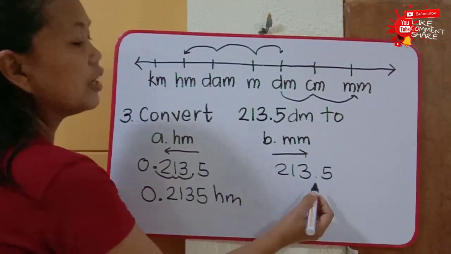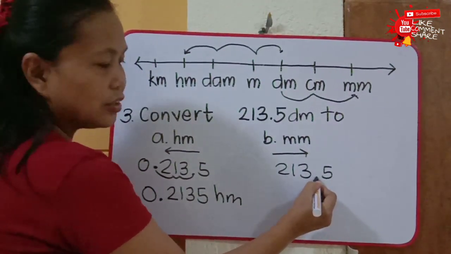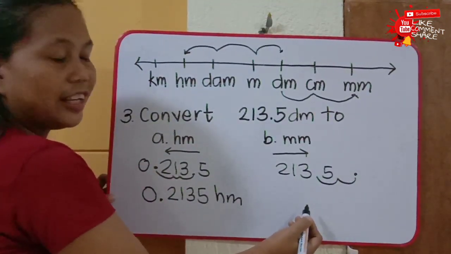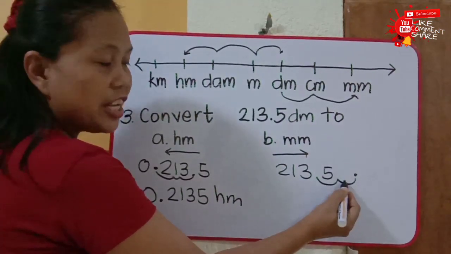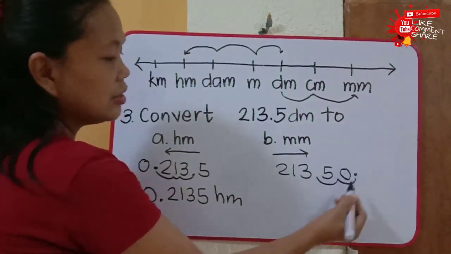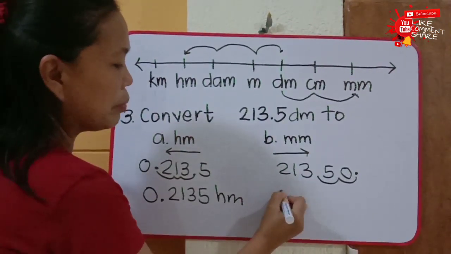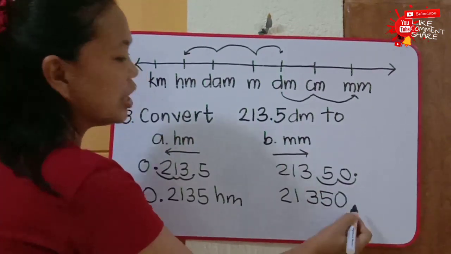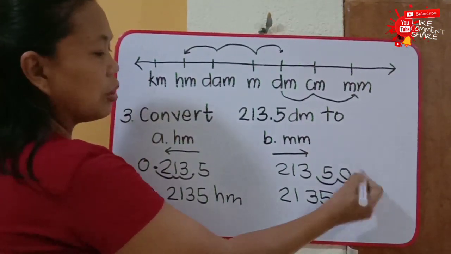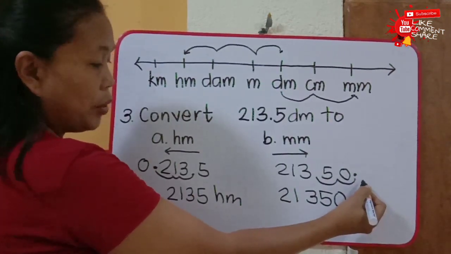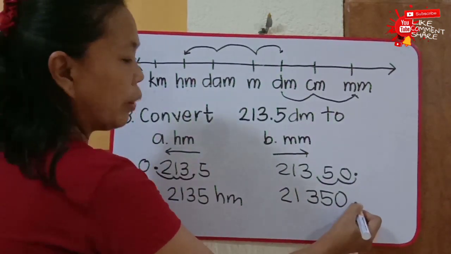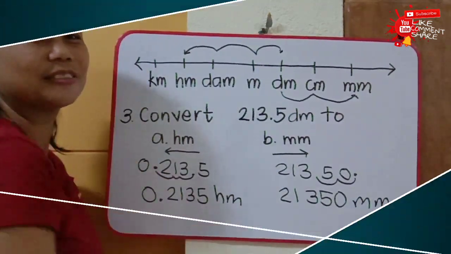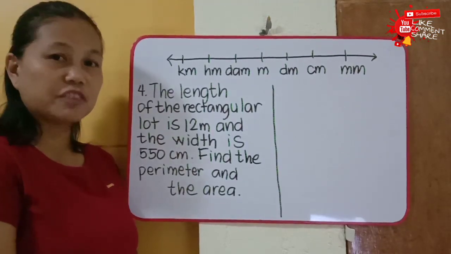Let us move 2 decimal places to the right. 1, 2. So this will be the location of the decimal point. But since we don't have a number here, do not forget to write 0. So the answer will be 21,350. No need to put a decimal point because it's already a whole number. So the answer will be 21,350 millimeters.